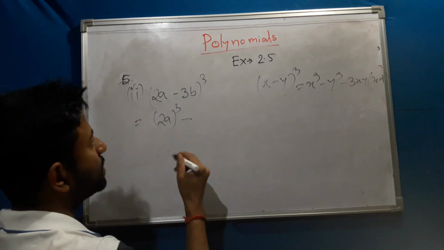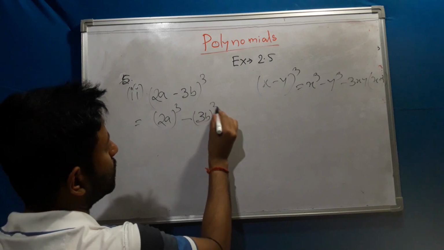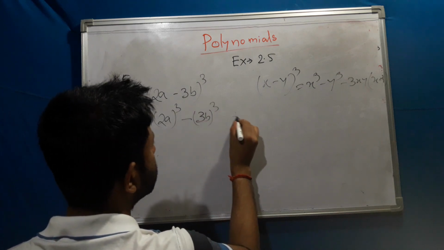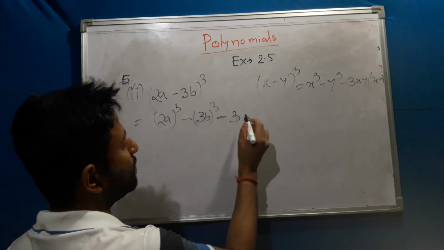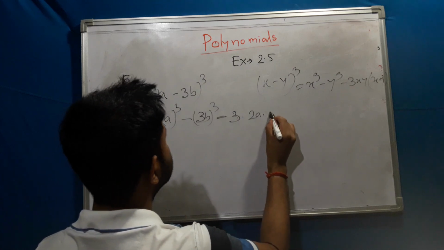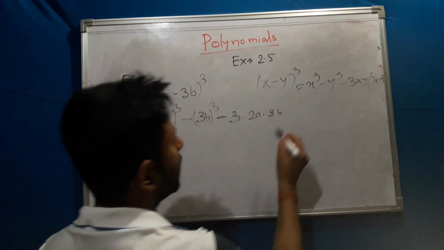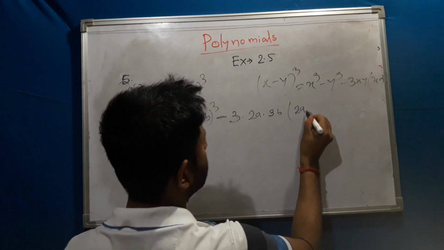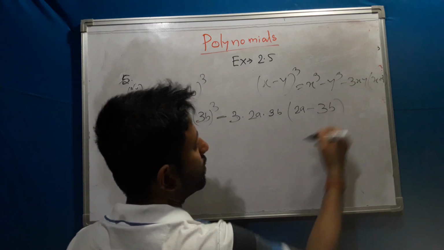So a cube minus b cube. B cube means 3b whole cube, minus 3 into a, a means 2a, into b, b means 3b, into a minus b, that means 2a minus 3b. Okay.